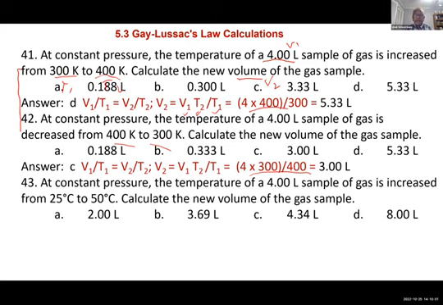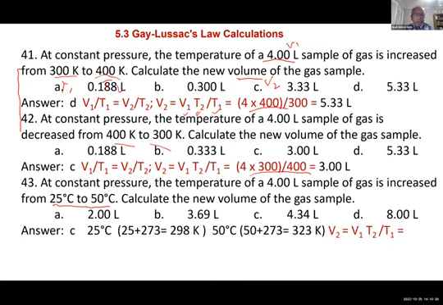At constant pressure, the temperature of 4 liters. Now you are given in Celsius. Now remember, in all the gas law calculations, temperature given in Celsius needs to be converted to Kelvin by adding 273 before you do the calculation.